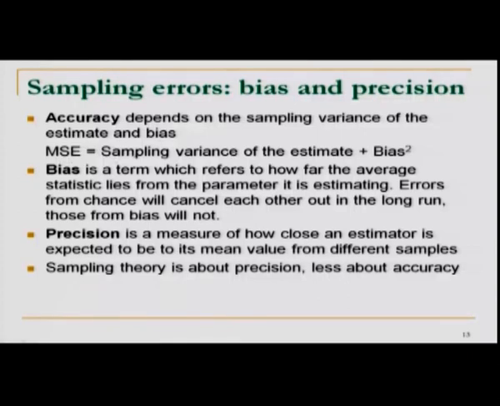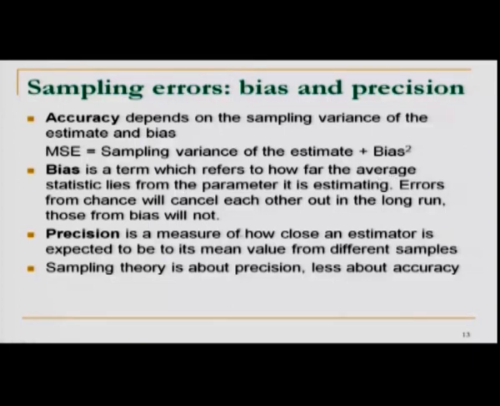Mean square error is the sampling variance of the estimate plus bias square. So this mean square error depends on both the sampling variance of the estimate and bias square. That means we have to reduce both the sampling variance of the estimate, or sampling error, as well as bias, to get accurate results.